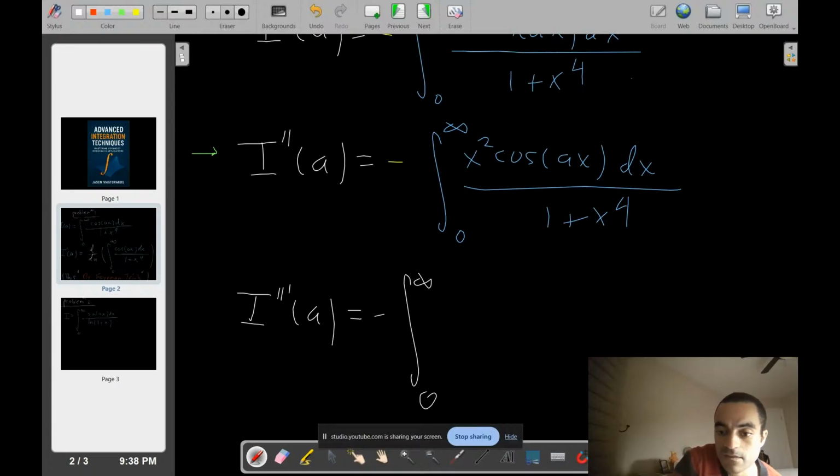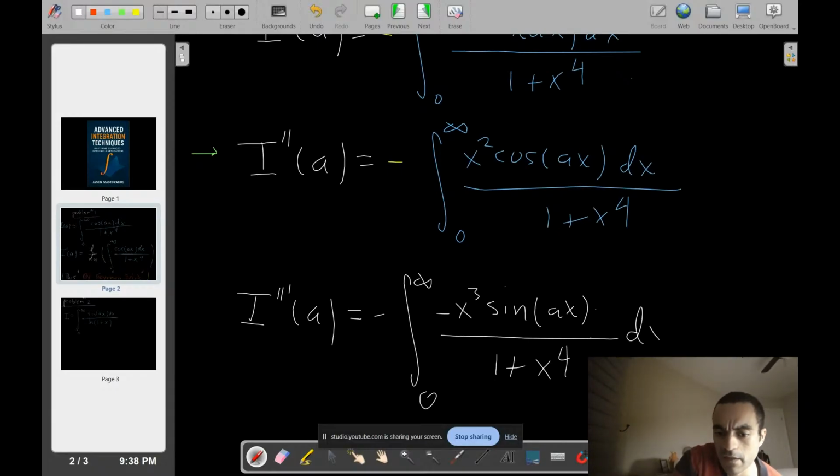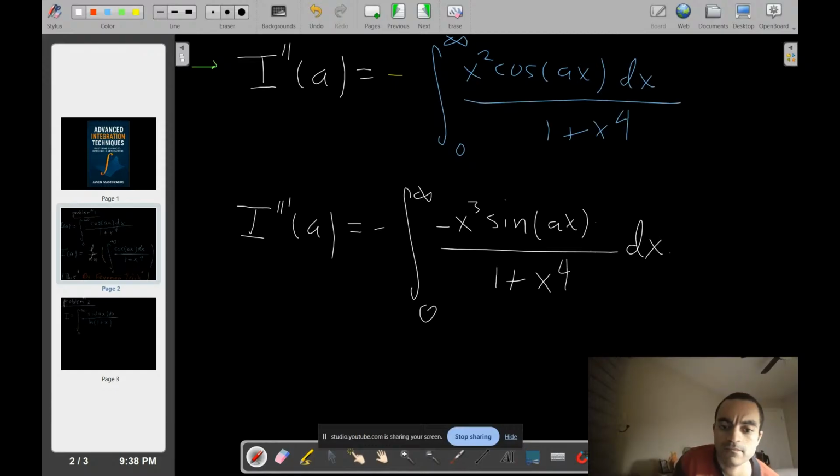So this becomes negative x cubed sine of ax, all over 1 plus x to the 4, dx. This is after doing I triple prime of a. All right, any questions?